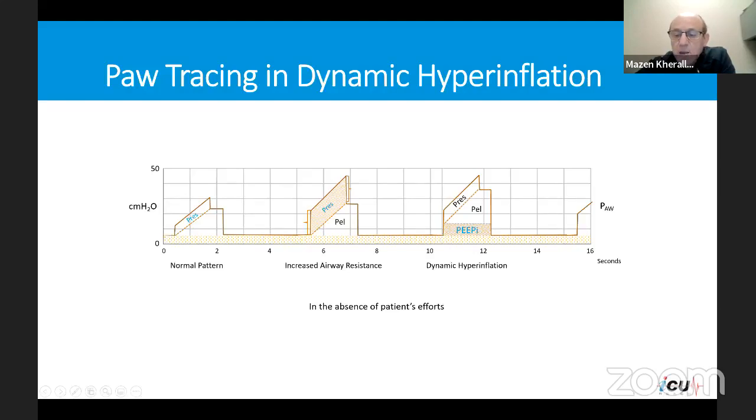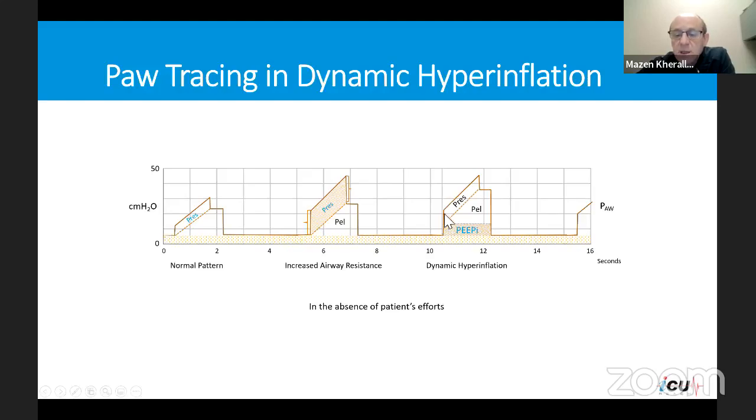And then the pressure goes up to overcome the airway resistance. Of course, it's the other way around. First, you overcome the airway resistance, and then you overcome the pressure that is actually in the alveoli. But the sum of it would be the auto-PEEP plus the airway pressure that is required to overcome the resistance.